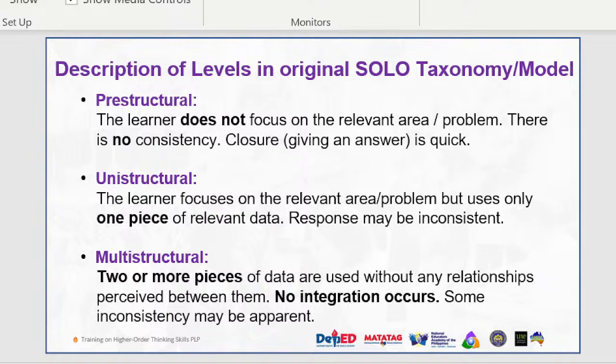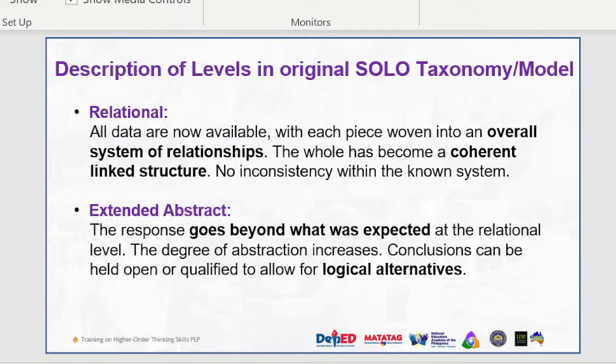Some inconsistency may be apparent. At the relational level, the learner is able to give those data and link those data and form a relationship between those data. So the whole has become a coherent link structure.